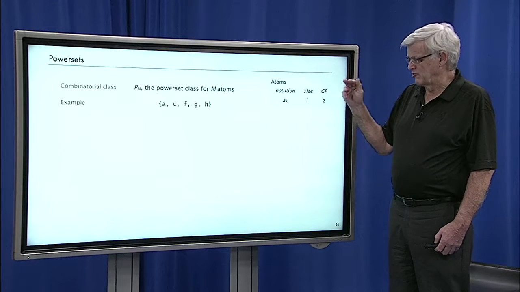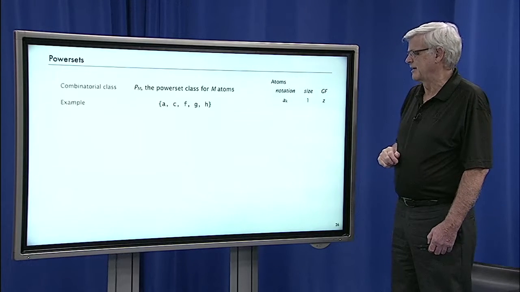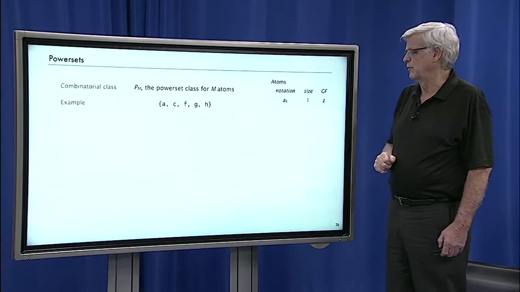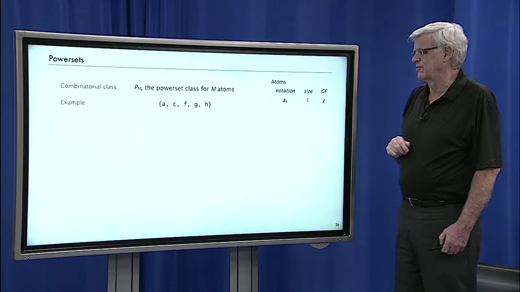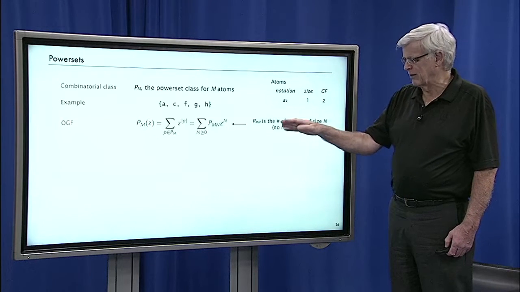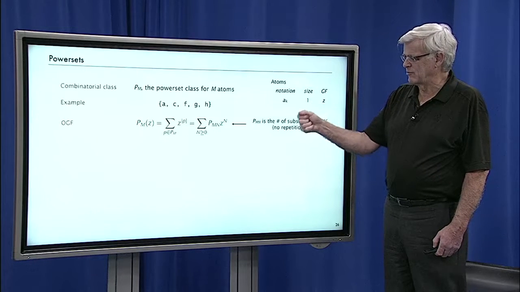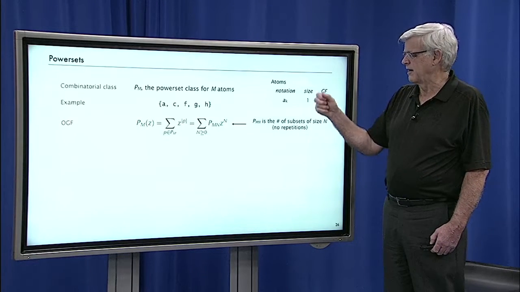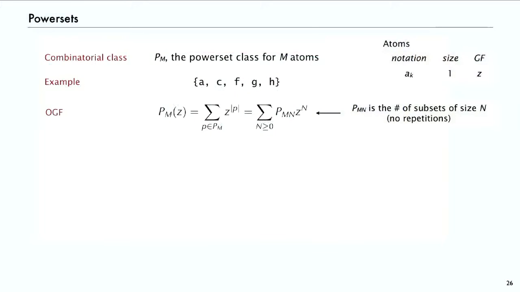Let's look at the generating function. So if we want the power set class for m atoms, that just means pick some out with no repetitions. And so there's a bunch of atoms, each have the generating function z. The generating function for that is the sum over every object in the class of z to the size of that object, the number of items in the subset.